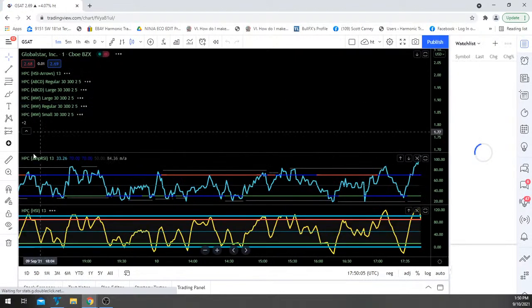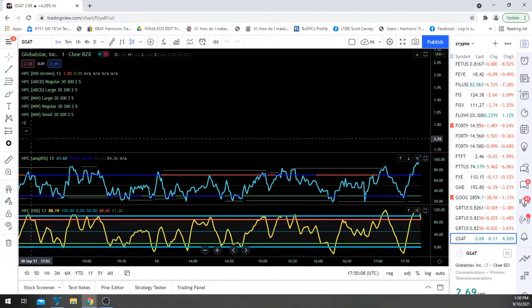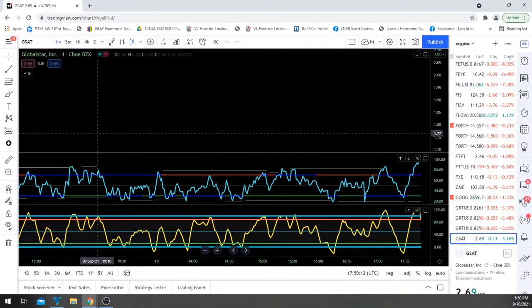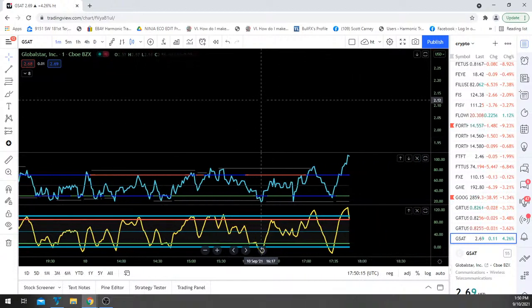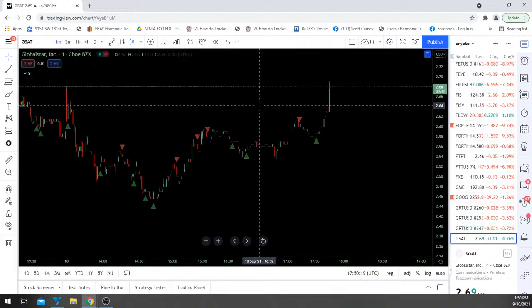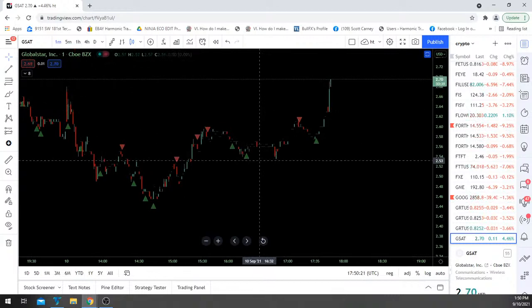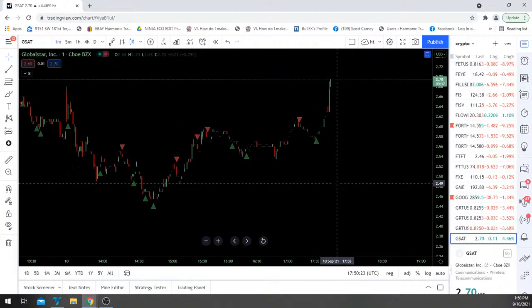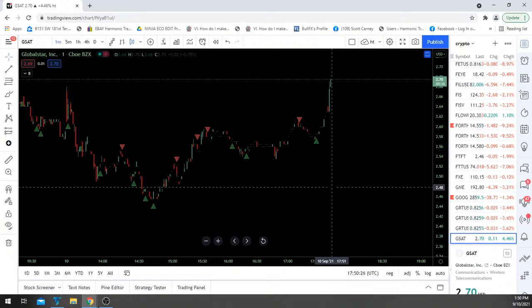There's a lot, no doubt, there's a lot going on here, but everyone that is here knows what we've been doing lately. And so here is one individual issue. This is outside the crypto space, but this is something that I've been really blasting about. It's global satellite. This has been a big mover for us.